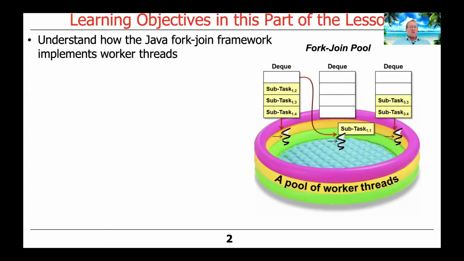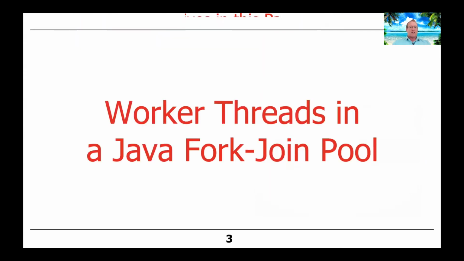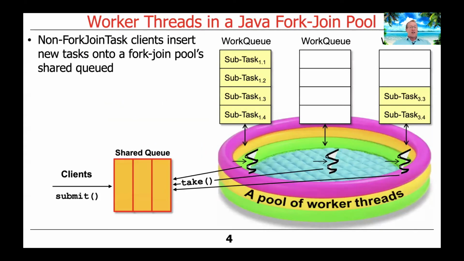So we're going to talk first about how the fork join framework implements worker threads. If you recall our discussion earlier, non-fork join clients, that is, parts of Java code that are not yet being run with the worker threads of the fork join framework, can insert new tasks into the fork join pool's shared queue.